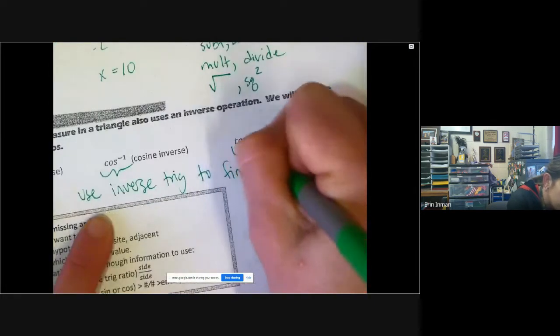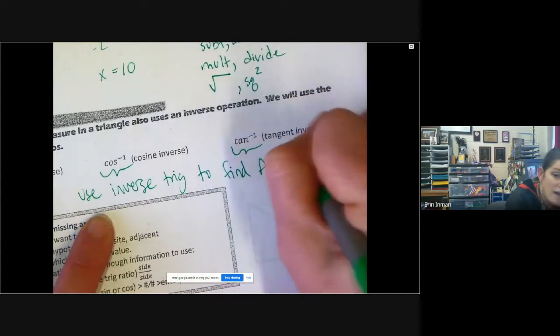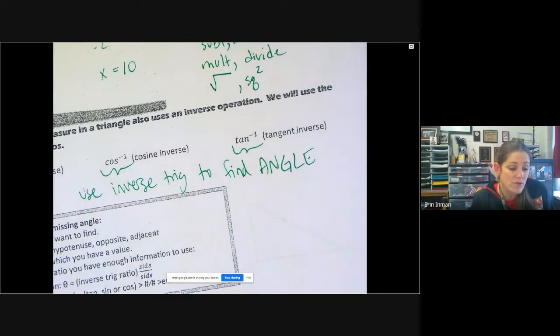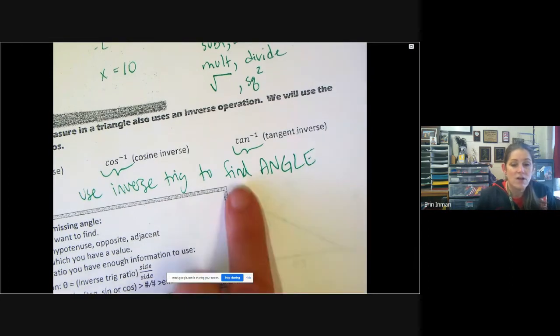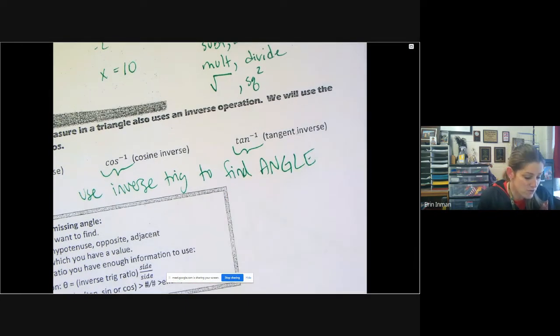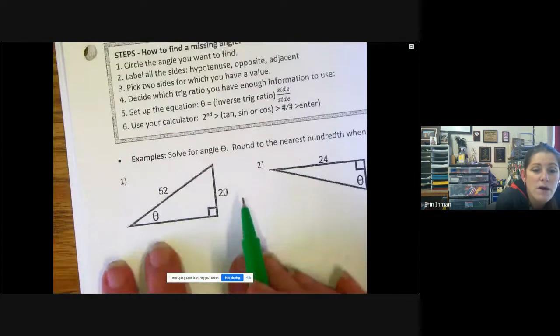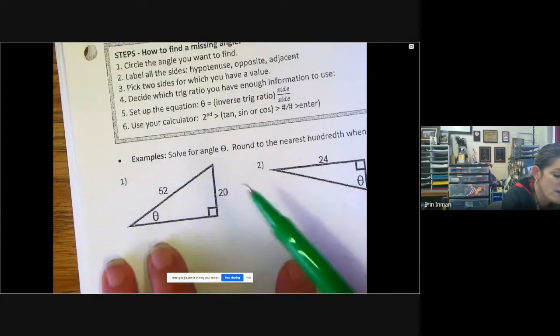So normally I would take sine of an angle, cosine of an angle, tangent of an angle, and I would use that to find the side. Now, if I have 2 sides and I need to find the angle, we're going to use the inverse operation. So we'll show you with some examples here. It really is very similar to what we've been doing.